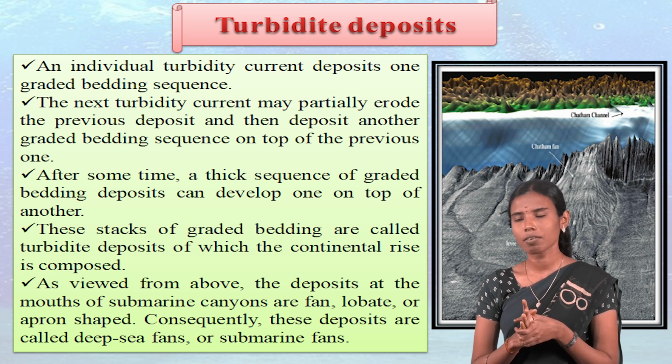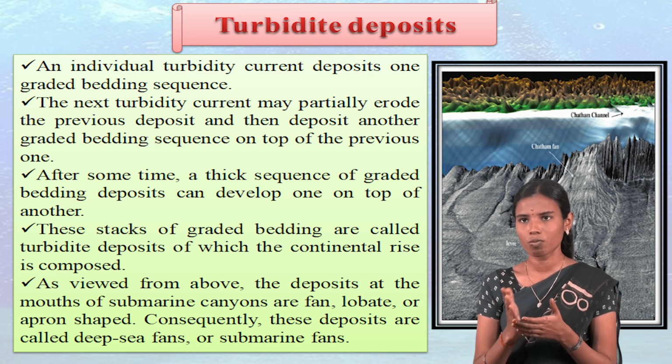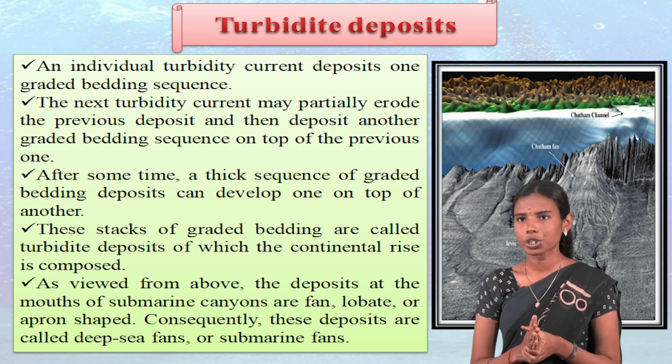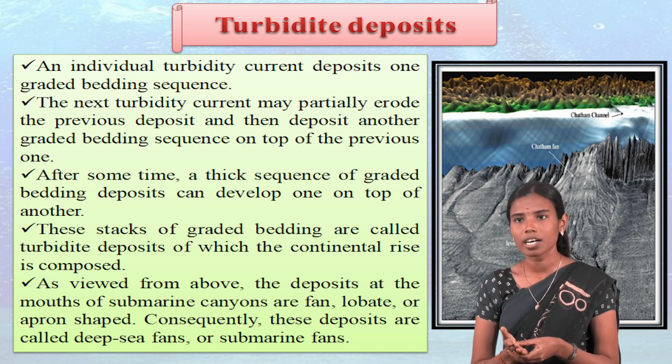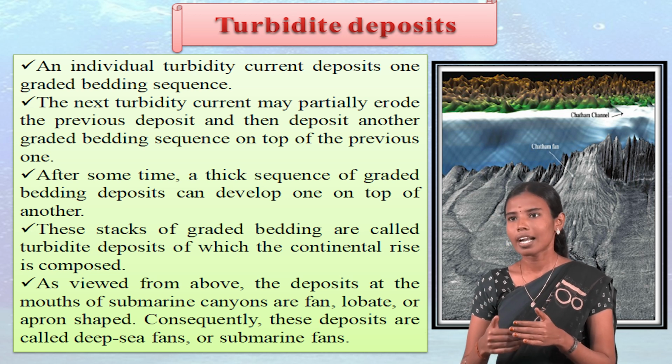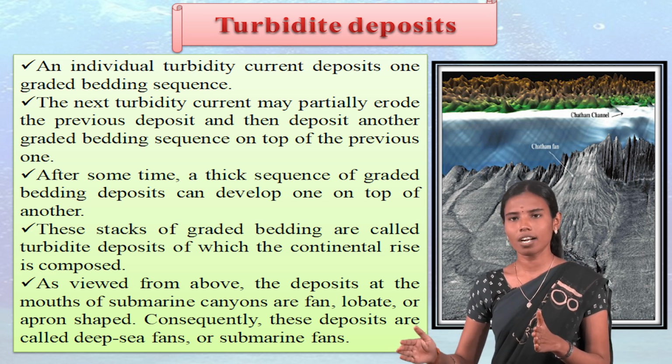And the second division of the ocean floor is the deep ocean basin. The deep ocean basins are those areas found below the sea that lie beyond the continental margin.